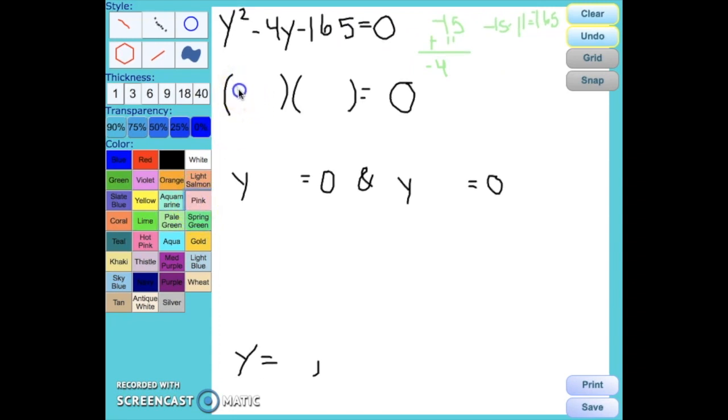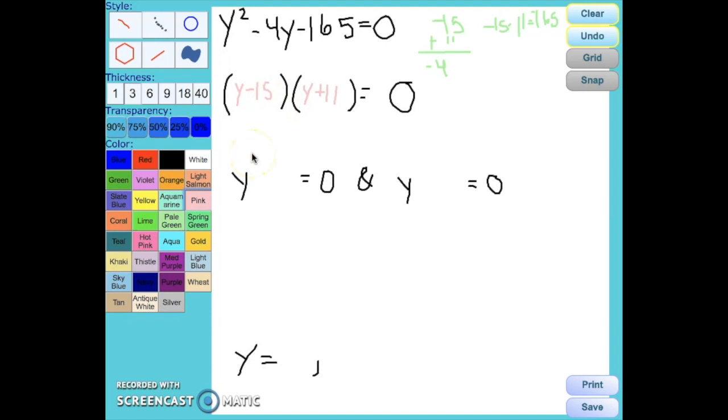We have y and y, and you can put these on either side. I'm going to put negative 15 first and plus 11. You have to make sure that you don't put two negative signs, or else that'll turn into a whole different equation.